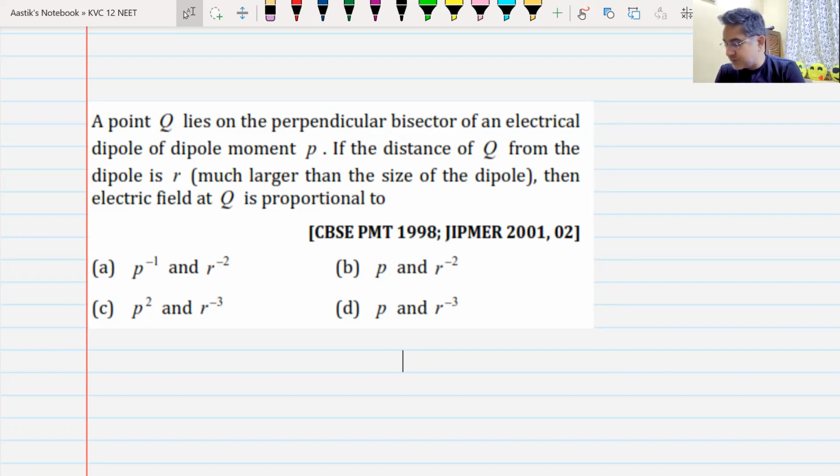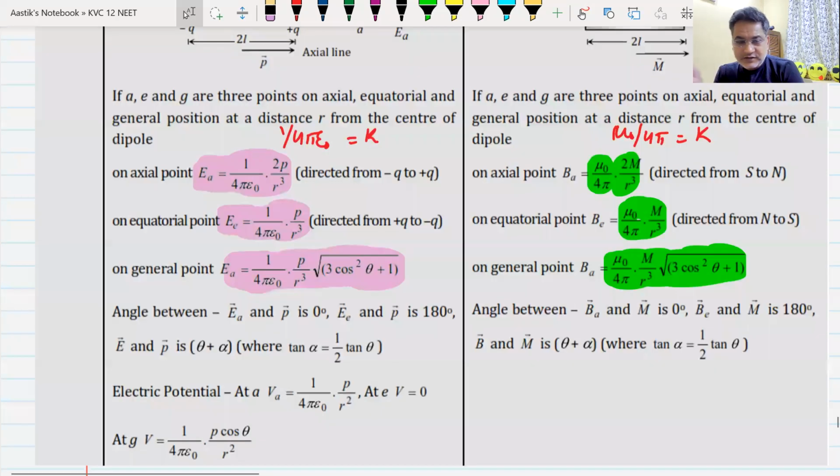Abhiram says option D. Give me a correct answer with confidence, not thinking. Thinking will not help. We have just now noted it down in the table also. Equatorial point, electric field. You must be confident. You have written it so many times. My son, he is in standard 2.